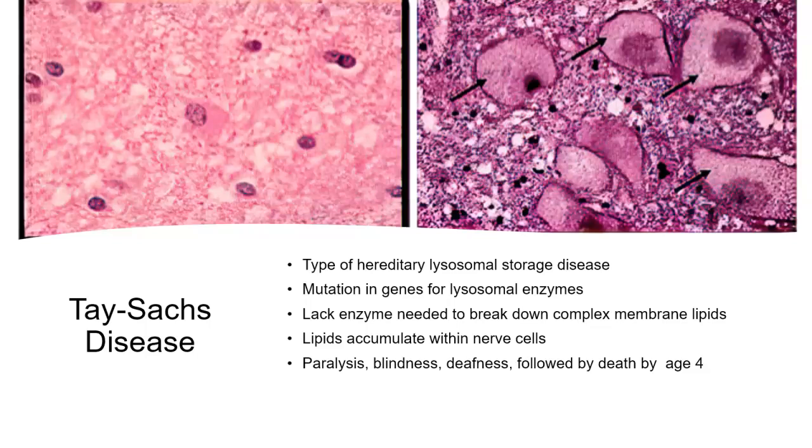The cellular signs of Tay-Sachs are swollen lysosomes due to the accumulation of the lipid. Infants that are born with this typically appear normal at birth, but begin to show signs of the disease about 6 months of age, which can include paralysis, blindness, deafness, but they typically develop over a period of about 1 to 2 years, even though they may begin to show signs as early as 6 months.